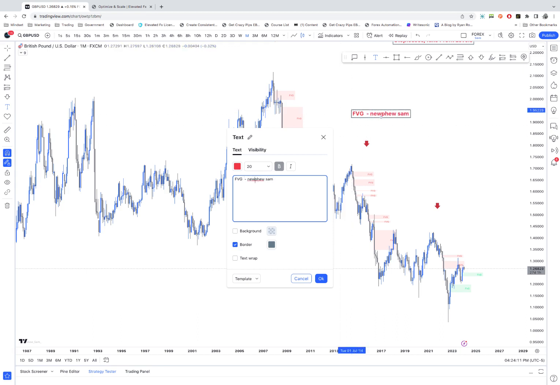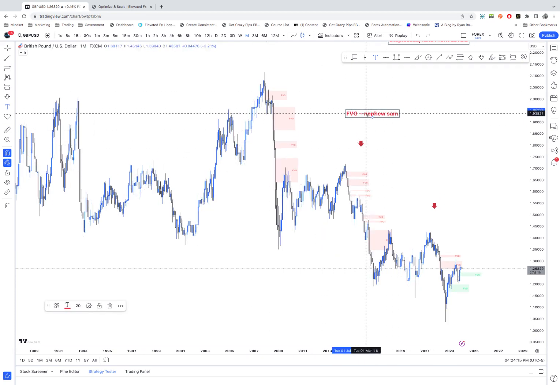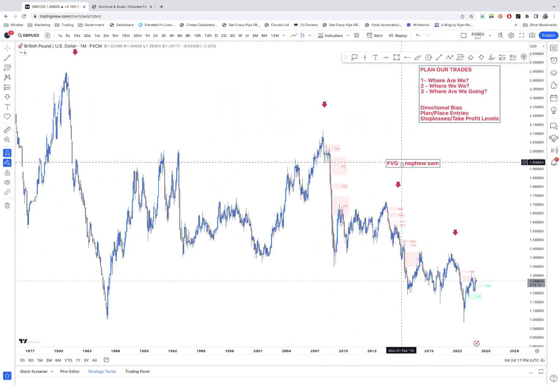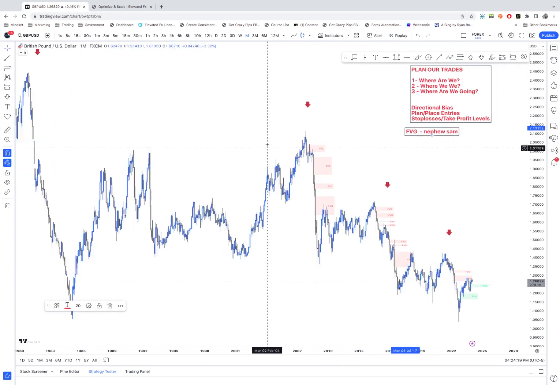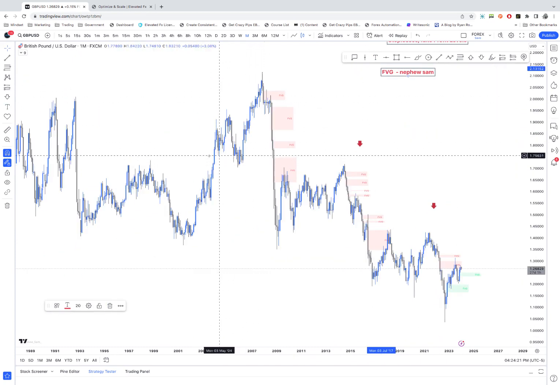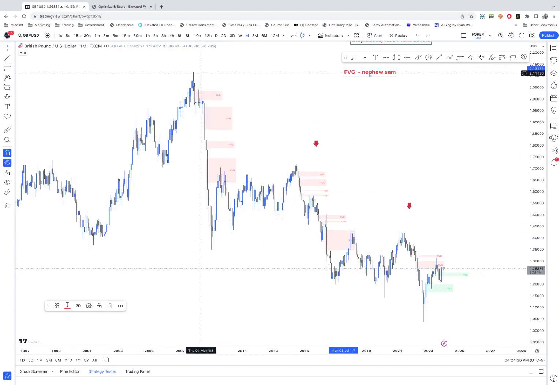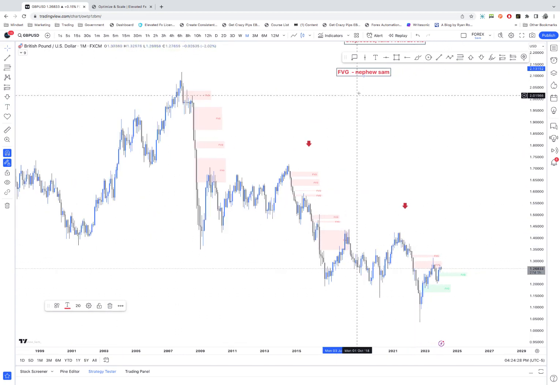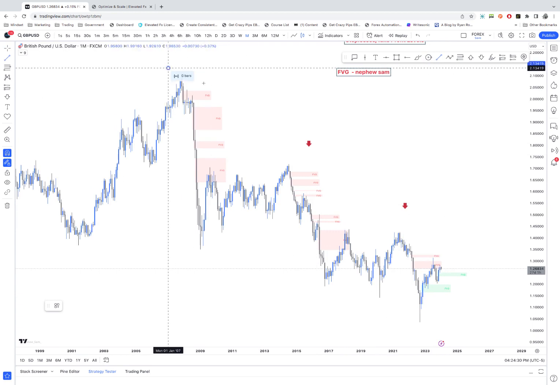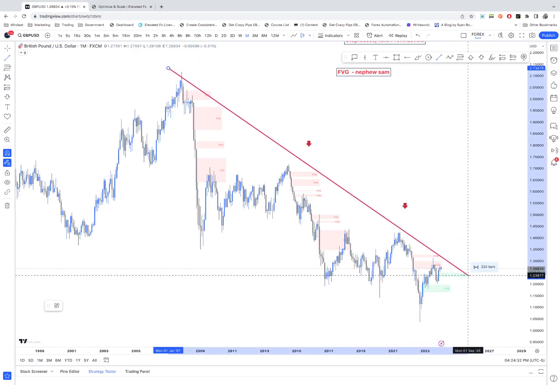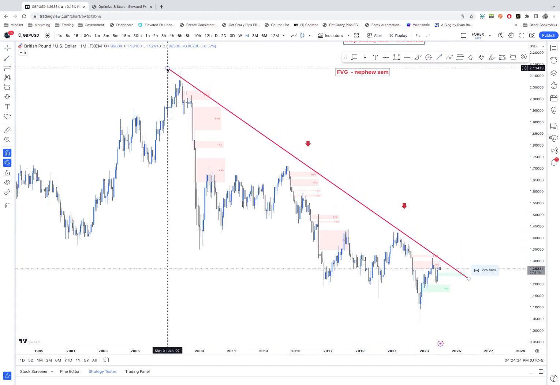If you want to take a look at it, it is a free indicator that you can add to your charts right now, which will show you pretty much what I'm seeing here. But I don't need to go too far into time. This is 2001 price action, and we're now in 2024. And as we can see, GBP USD is on a downtrend.